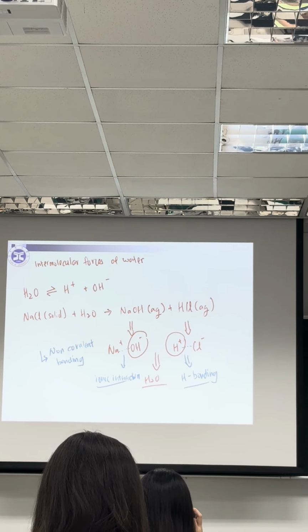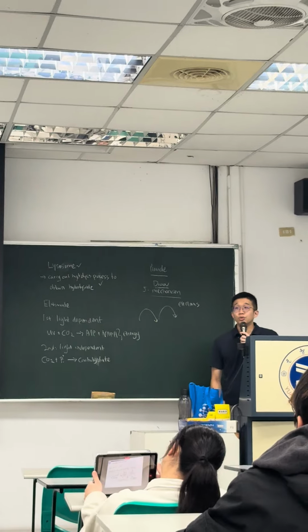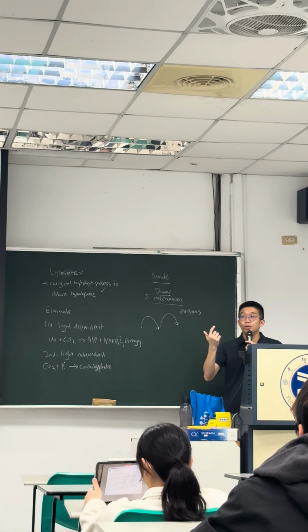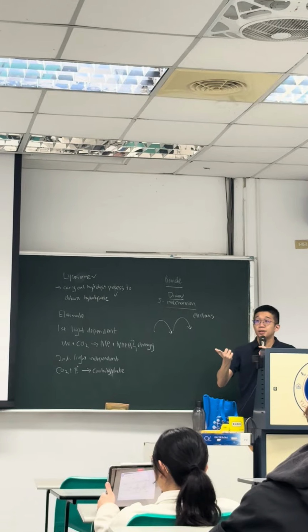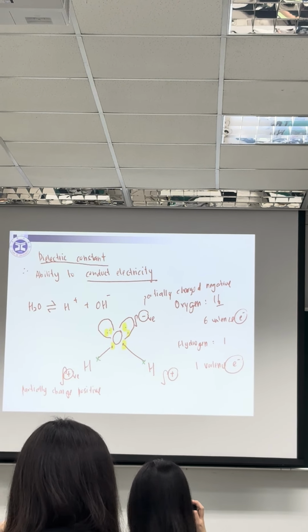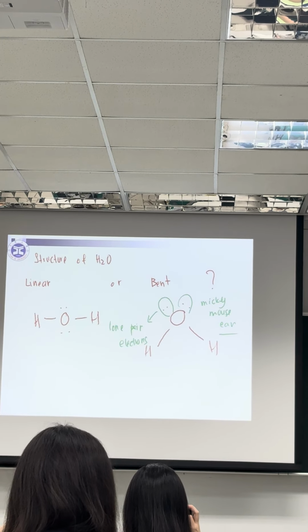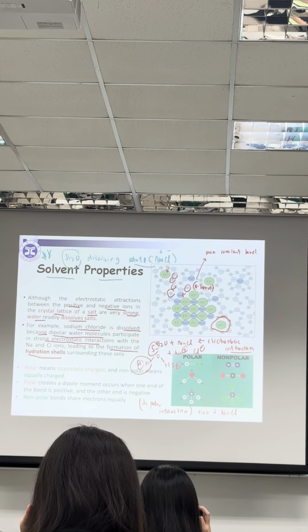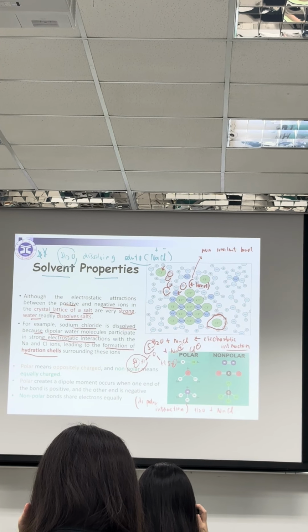So please know how to differentiate between covalent and non-covalent. Once you know how to differentiate between them, the next one you need to take note of is solvent properties.